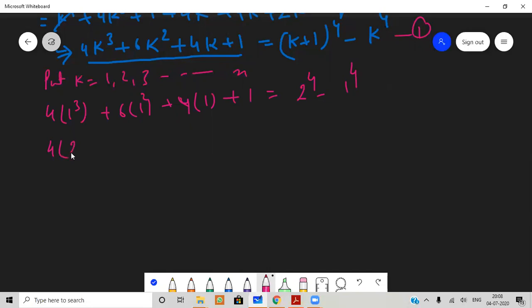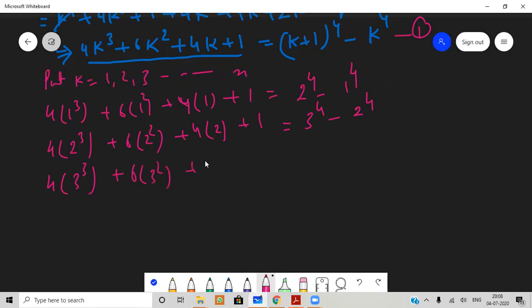Deriving this is very easy, but you should do all these steps. Now put k equal to 3, it becomes 4 into 3 cubed plus 6 into 3 squared plus 4 into 3 plus 1.